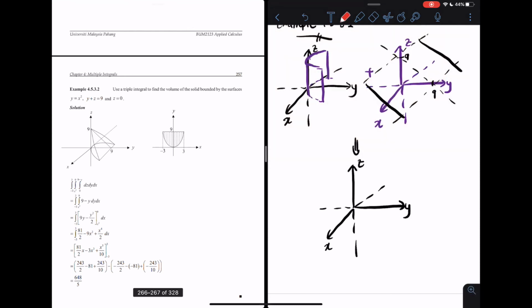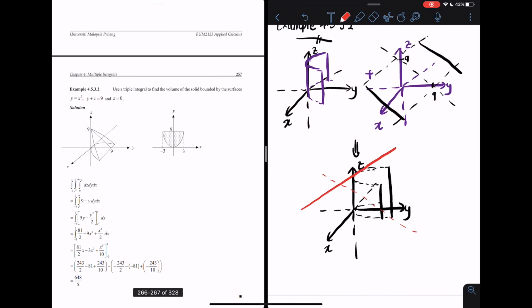So right now you have, as if you cut your parabolic cylinder with the plane y plus z is equal to 9.